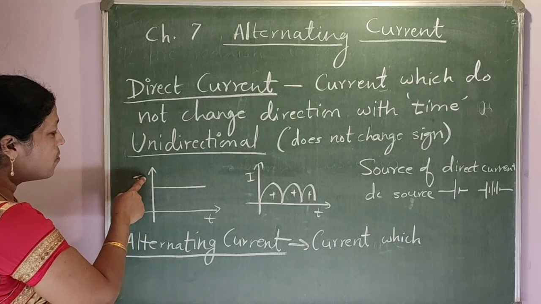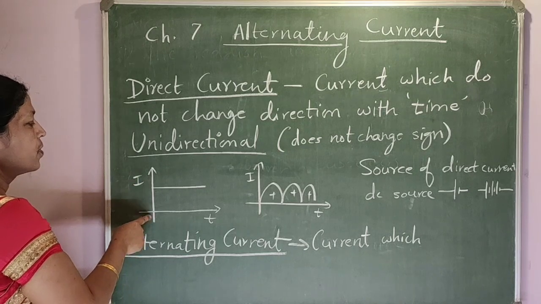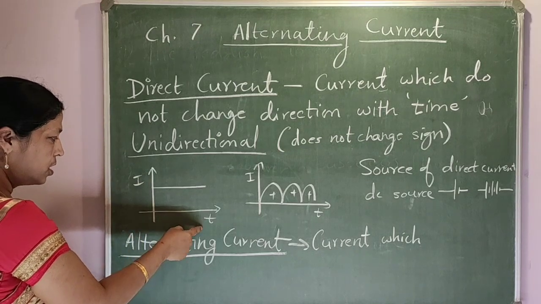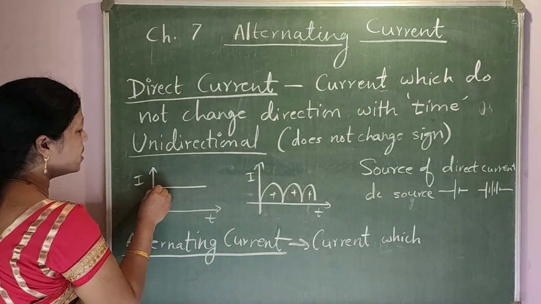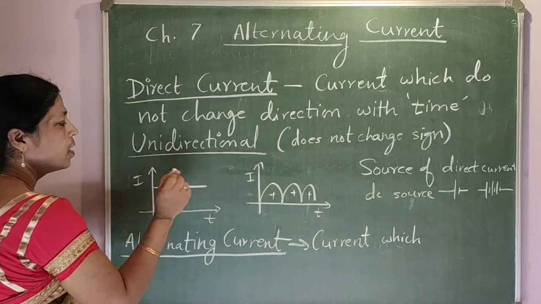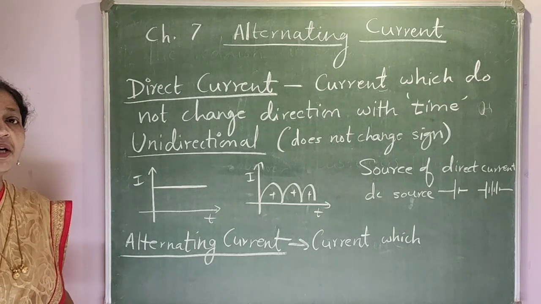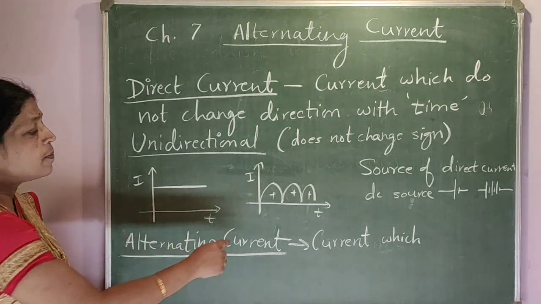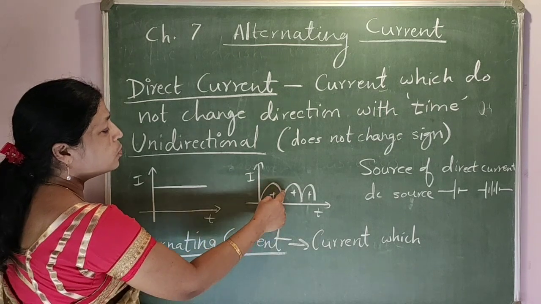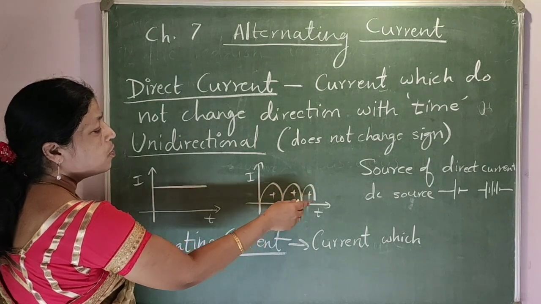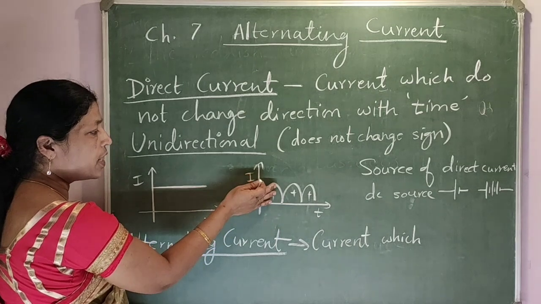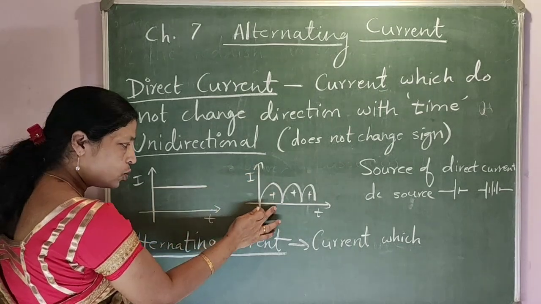If we draw the graph for direct current, I versus t, this line represents direct current. But direct current does not mean that it is a constant current. It may be a current whose value is changing, but it is only on one side, so it is also direct current.